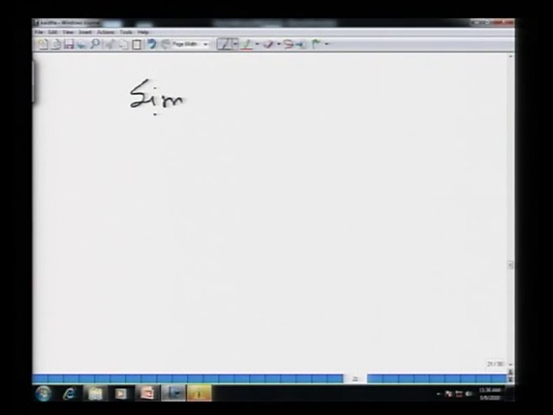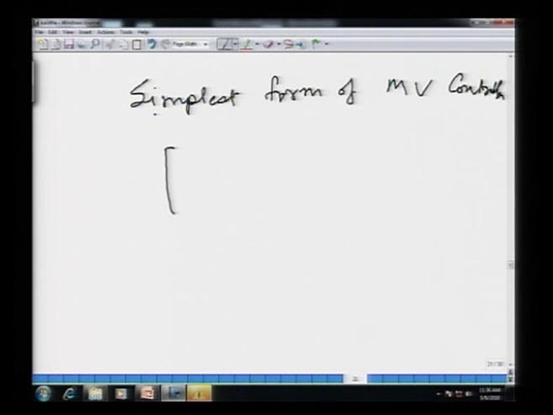Now, the simplest form of the multivariable controller. What is the simplest matrix that you can think of? The simplest matrix is a diagonal matrix and nothing else.